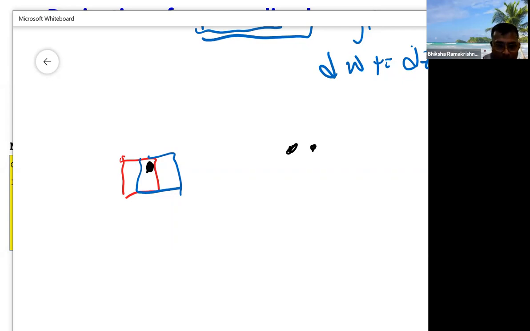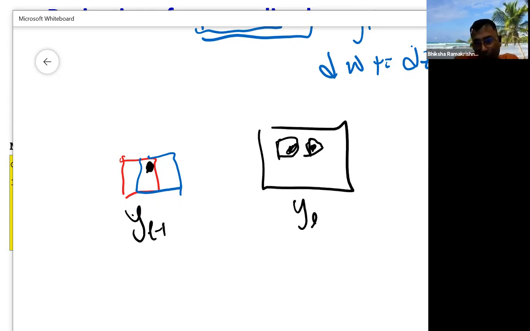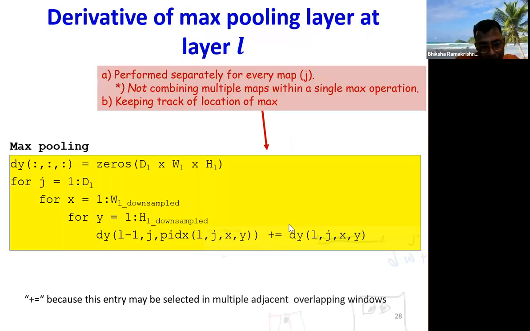And so when you compute the derivative for this term, you must add the contributions of both these elements in the output. This is Y_{l-1}, this is Y_l. So that's why you have the plus equal to over here. But as far as doing the backpropagation through the max pooling layer is concerned, that's quite trivial.